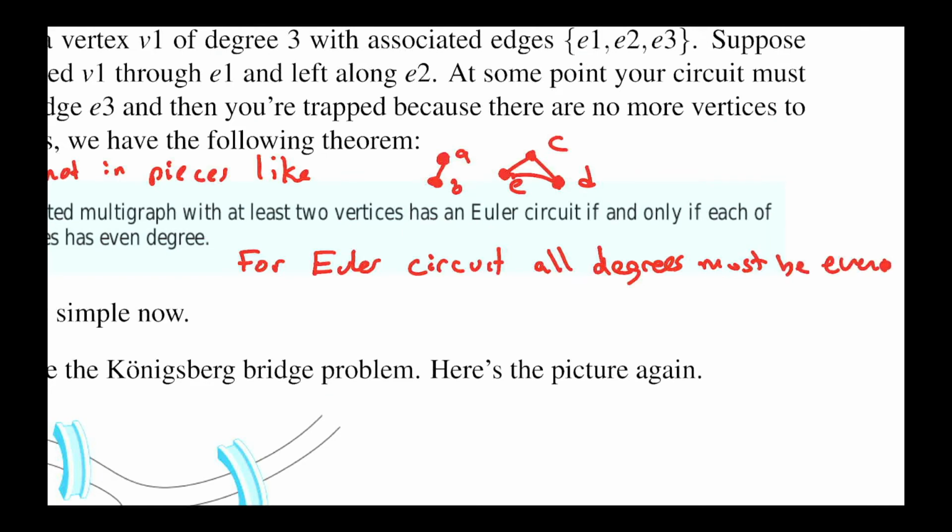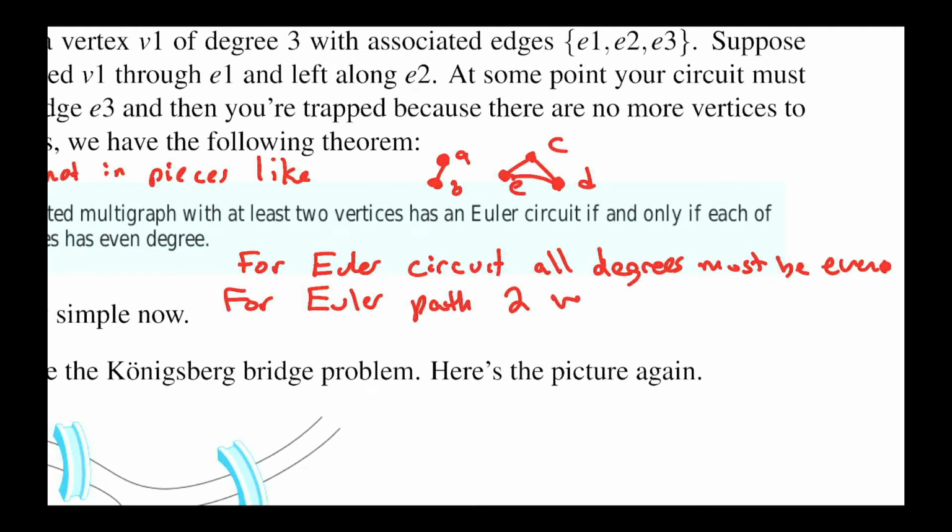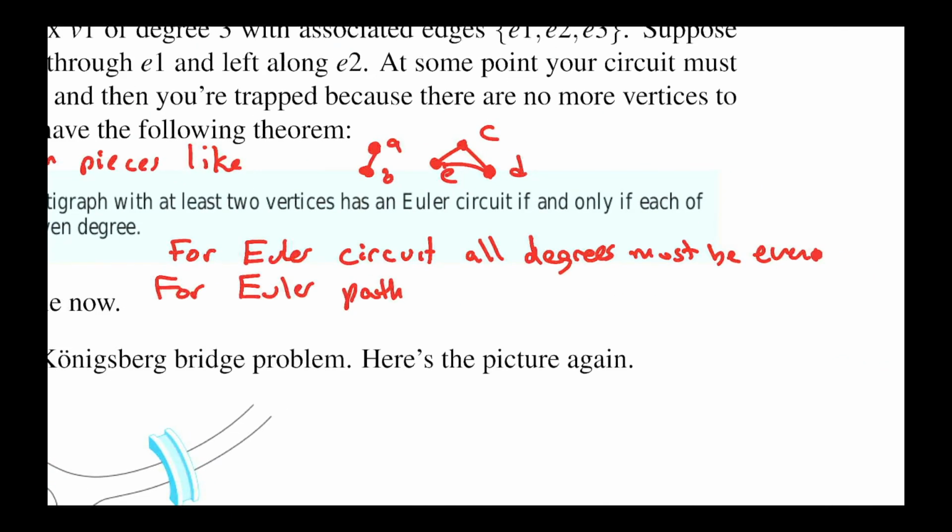For an Euler path, exactly two vertices are allowed to be odd. So they can be odd degree.